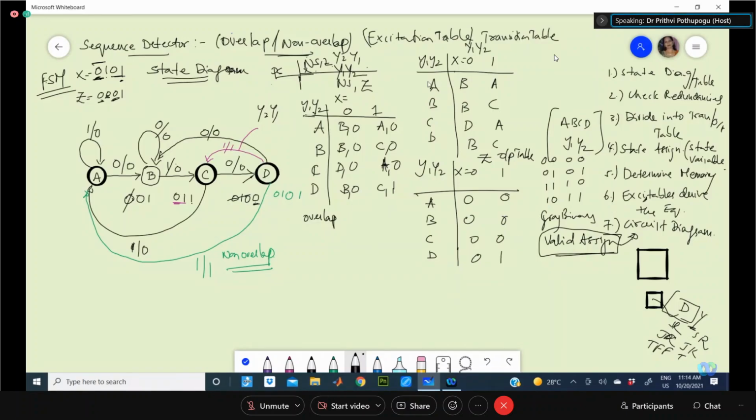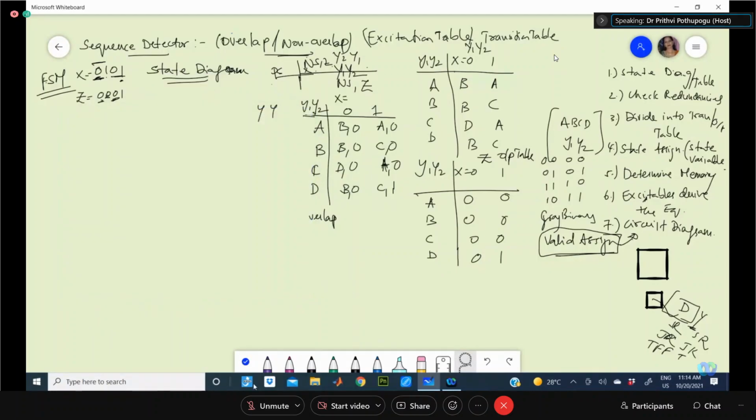Then, what is the next thing? Say if it is implemented by a D flip-flop. If this is implemented by a D flip-flop, how many number of variables we have, that many D elements are needed. Okay, if this is combinational logic, this will be y1, y2, x, z.